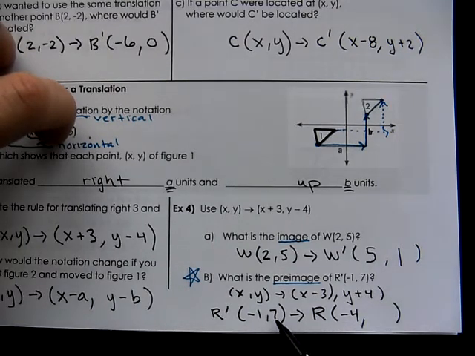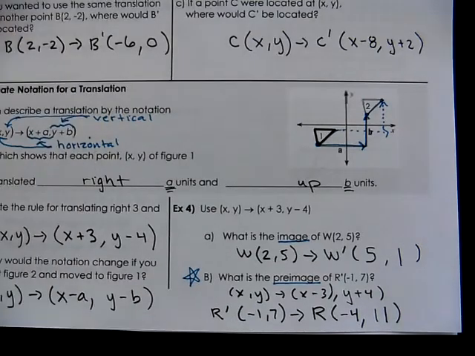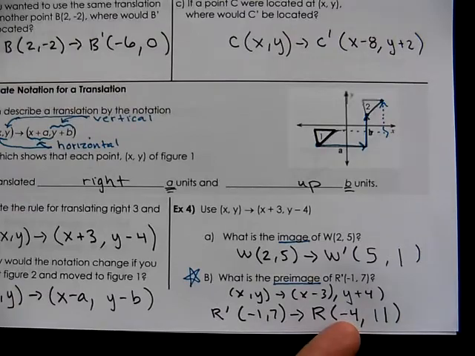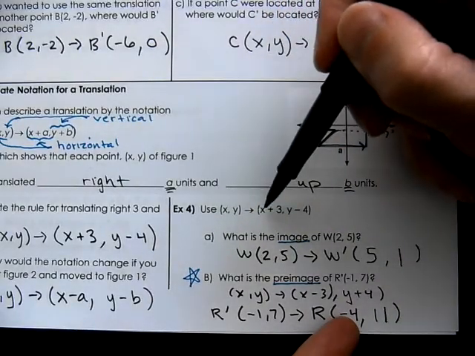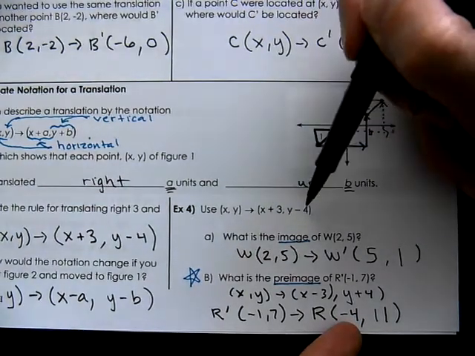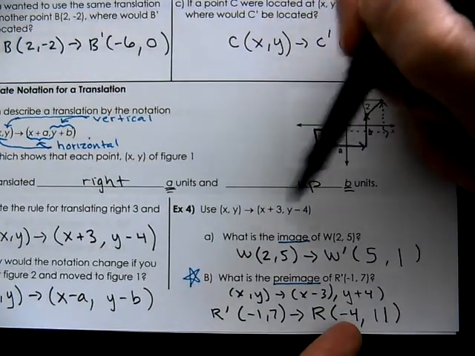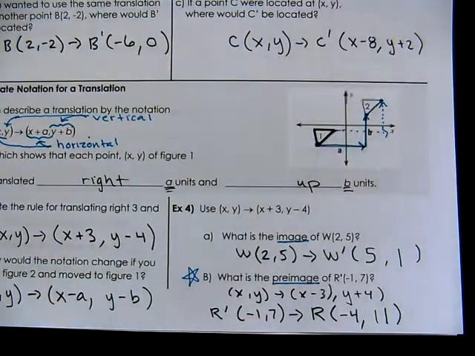So my y coordinate is 7, add 4, we get 11. You can check your work very easily by taking this point R and then using the original rule, and if you add 3 to x, and subtract 4 from y, then that will tell you where the point ends up, which is the R prime, where we started. Okay, those are the basics.